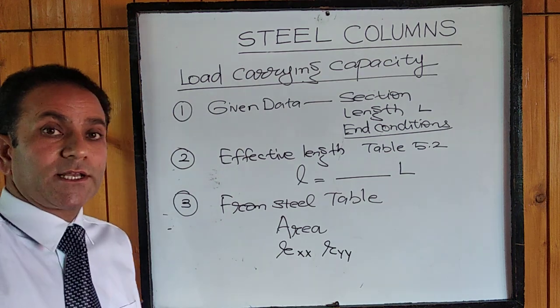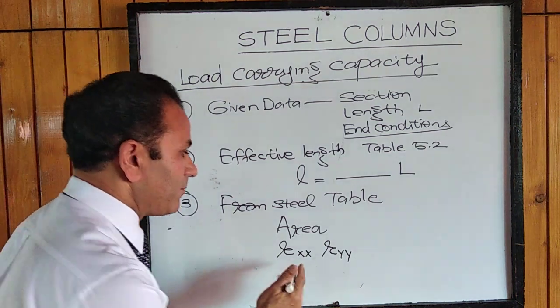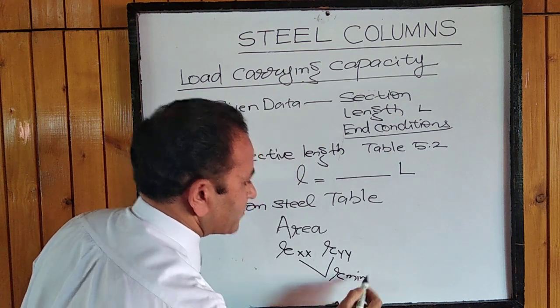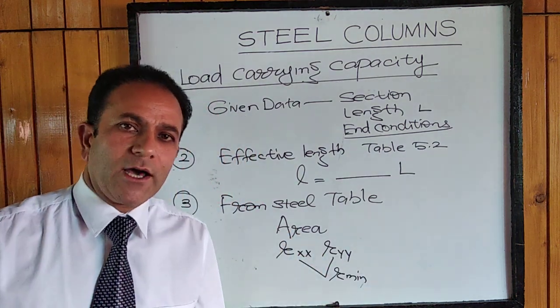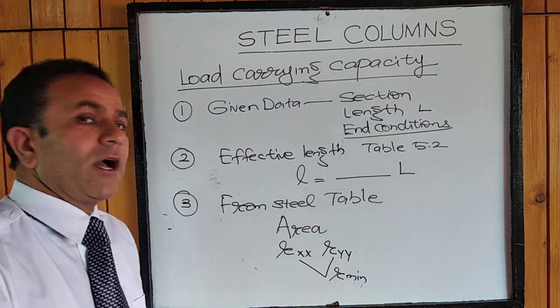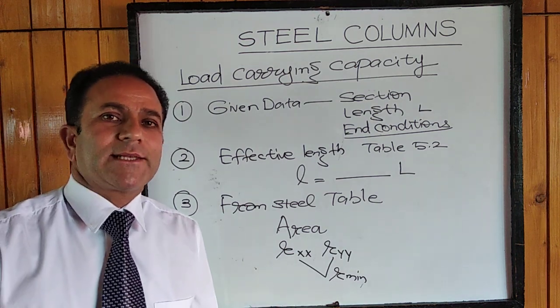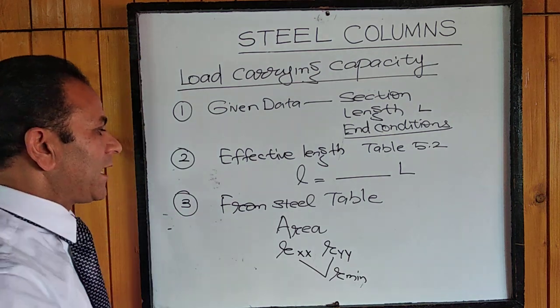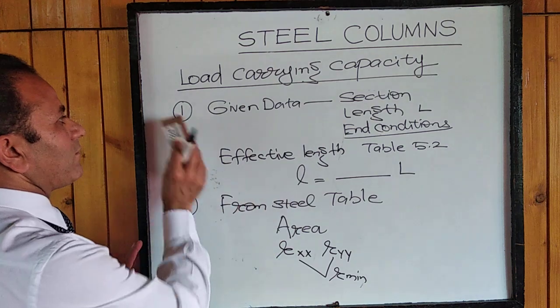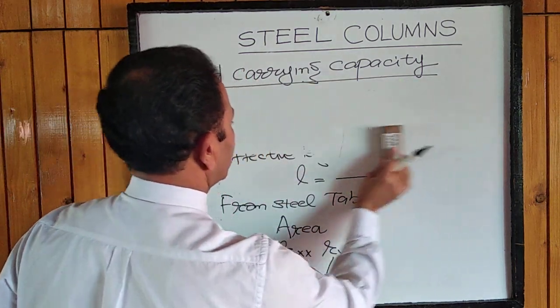If it is a single section, we can directly find out R minimum. Otherwise, for a built-up section, we will have to calculate R minimum by comparing RXX and RYY, which further depend upon IXX and IYY. Ultimately we will obtain R minimum. So we have the area with us, and we have R minimum, the radius of gyration, with us.